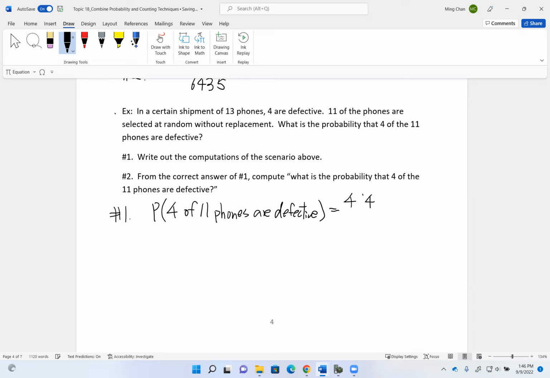I'm choosing all 4 of them using combination, followed by, since I'm drawing out 11 phones total and 4 of them are defective, remember the total is 13 phones. If 4 are defective, that means there are another 9 phones that are not defective. So selecting defective phones followed by selecting how many ways for non-defective phones.